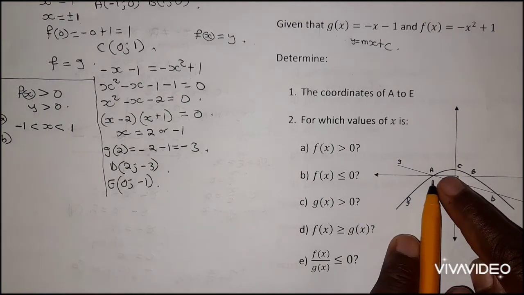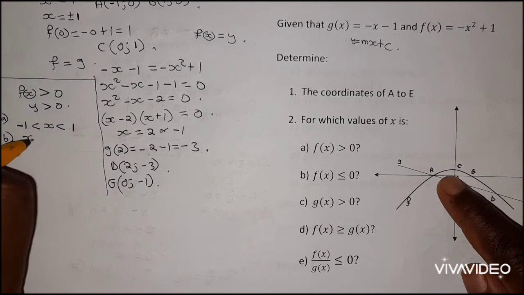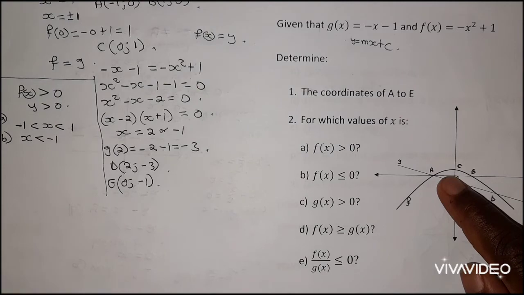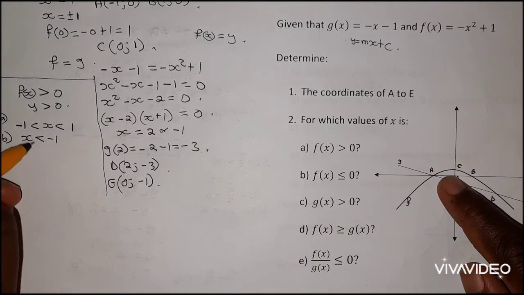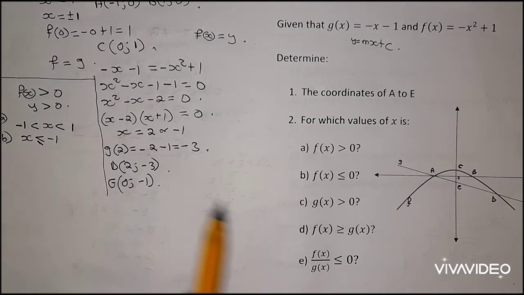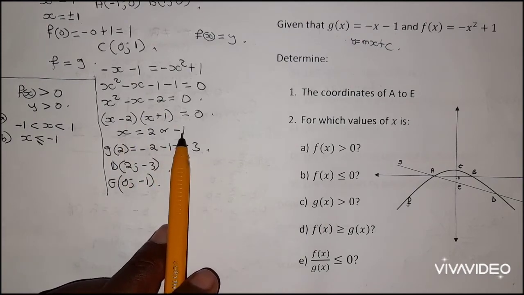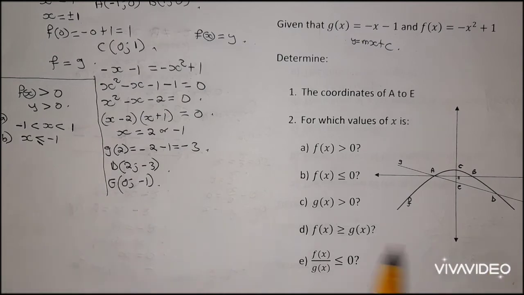So f is under the x-axis from A going to the left. So we can say where x is less than -1, right? But it is saying less than or equal to. So x is less than or equal to -1. Remember, when we solved here, we saw that x is also equal to -1.